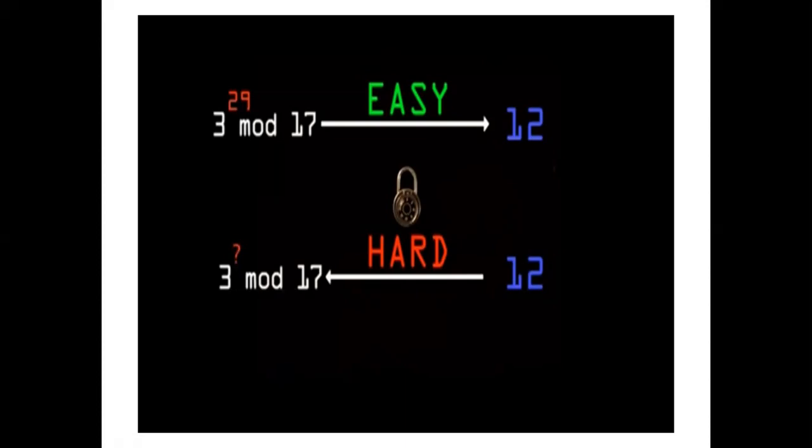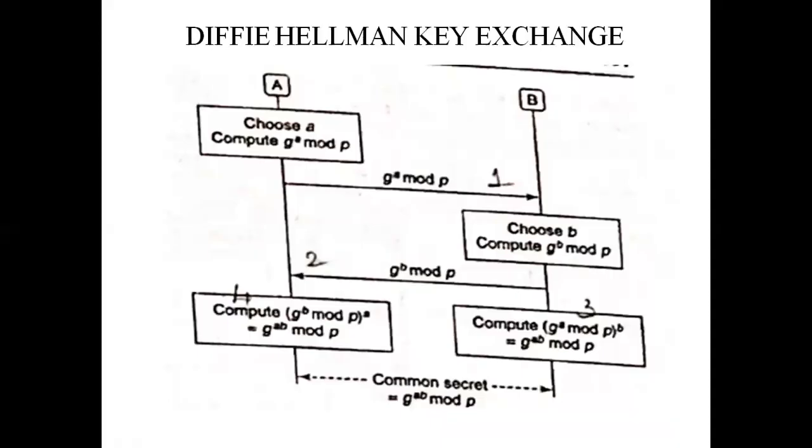Next we will move on to Diffie-Hellman key exchange. What do we mean by Diffie and Hellman? Diffie and Hellman are the two scientists who invented this key exchange. Consider two parties, A and B, that need to agree upon a shared secret key.